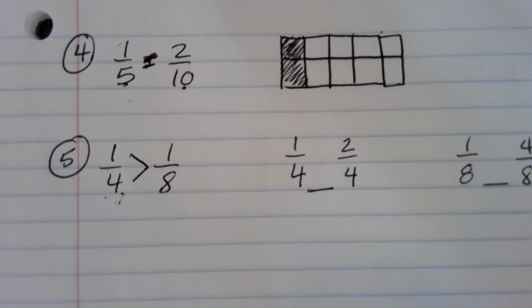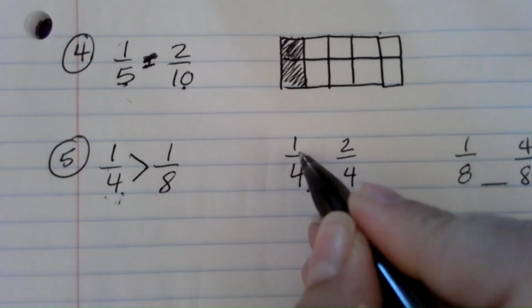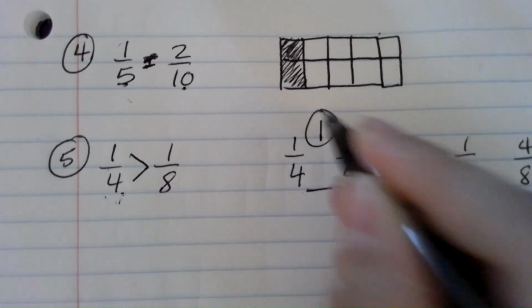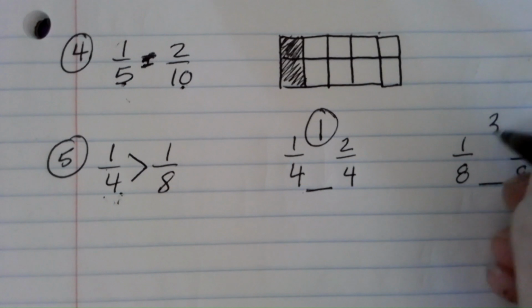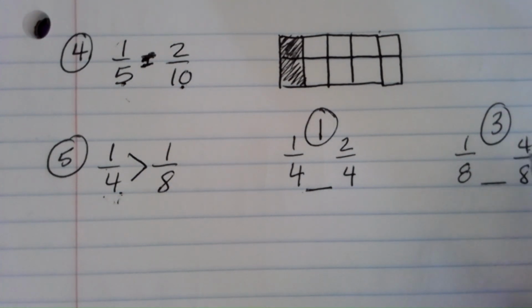They're both smaller than the half, but how many slices away are they from being half? And this one, I only needed 1 slice to be half. But how many did I need for this? I needed 3 more slices to be half of the cake.